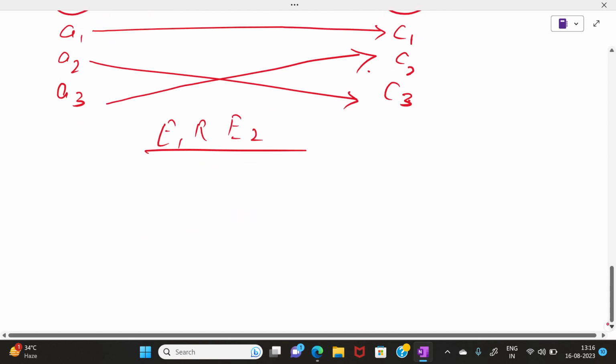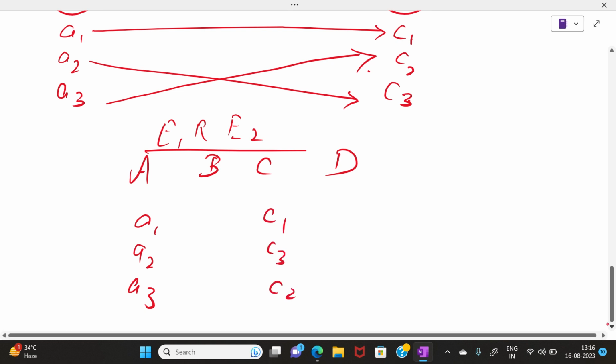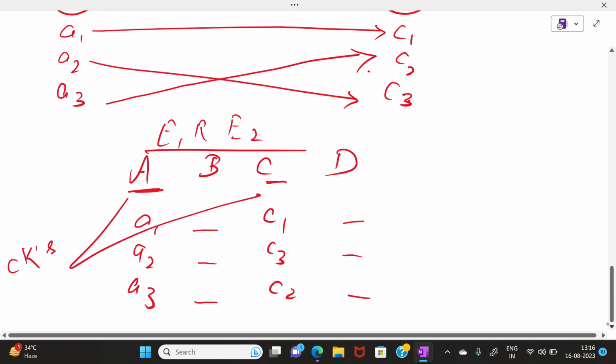the entities as A, B, C, and D. So for A1, A2, A3, we have the association as C1, C3, C2. Okay, and there will be values. So this and this both are the candidate keys, of course, with non-null values.